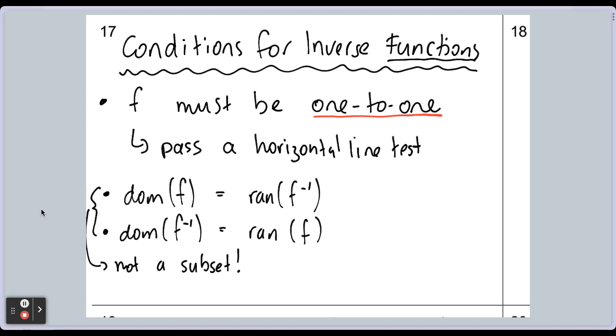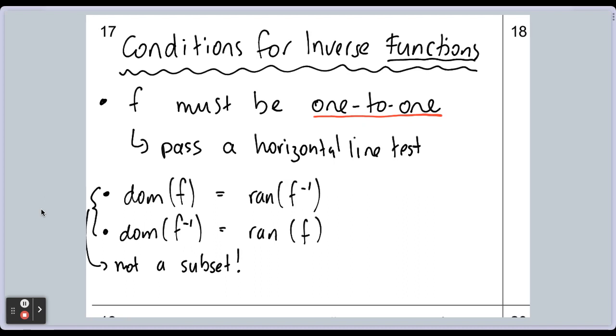In order for a function to have an inverse, certain conditions must be met.